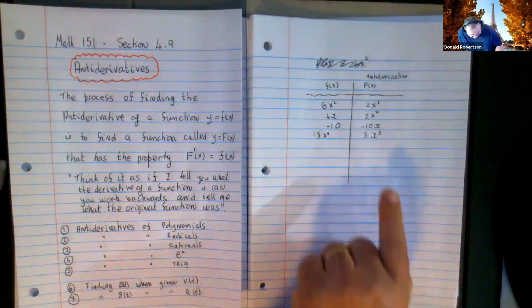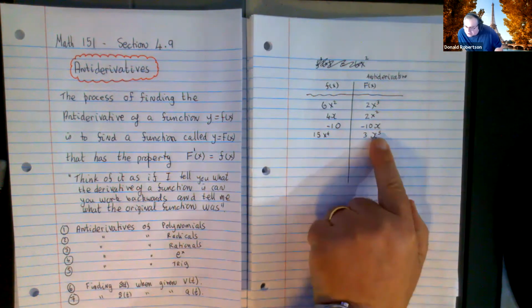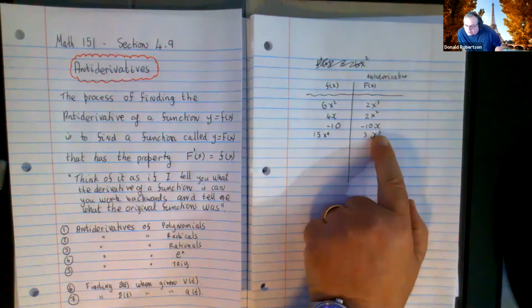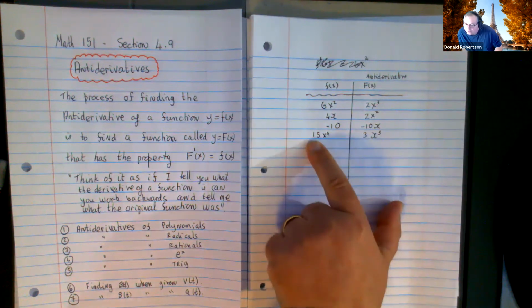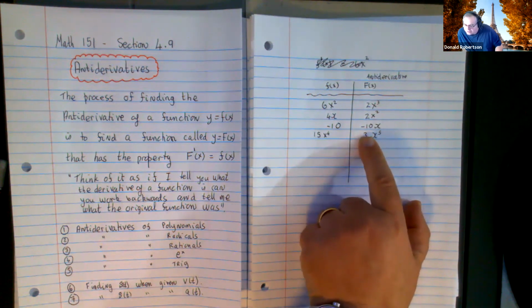Now, if that works, shouldn't this guy's derivative be him? Well, we know how to find the derivative. Don't you go 5 times 3 is 15? That works. And what do you do in the power rule? Well, after you multiply, don't you reduce the power by 1? And you see that works.